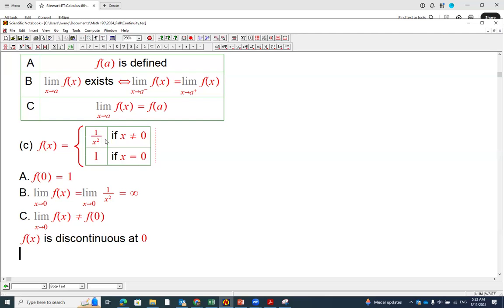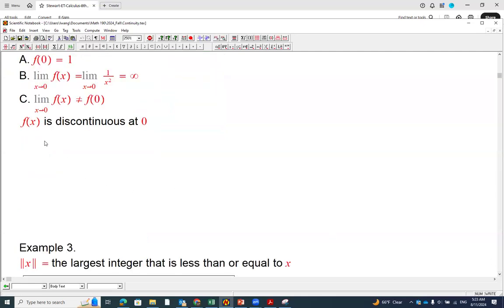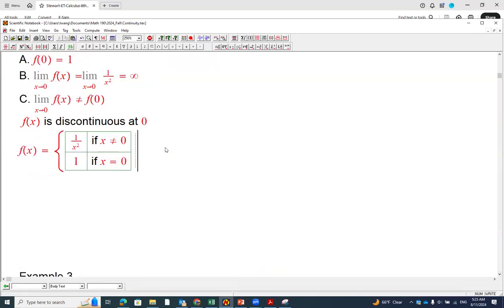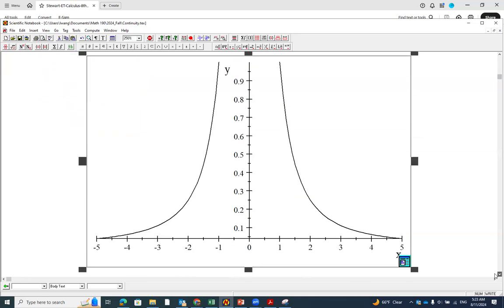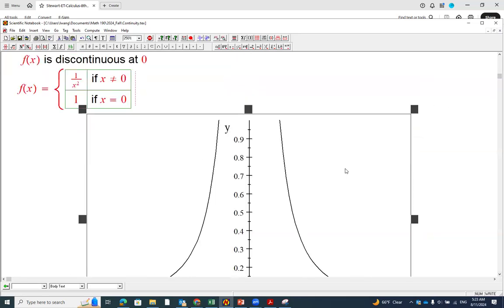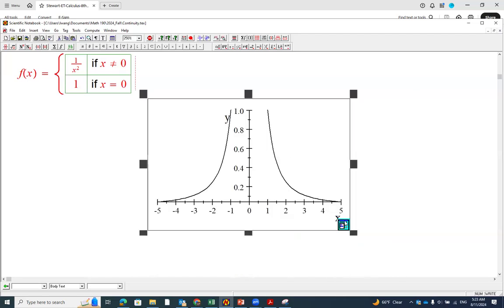If we look at the graph, we can graph it. Let me see if it will do it for us automatically, or I need to do some manual work. There we go. Obviously, I need to add some work. So this is the picture.